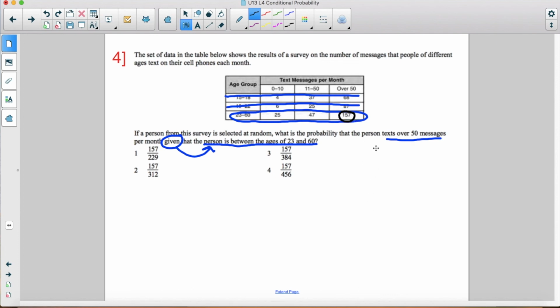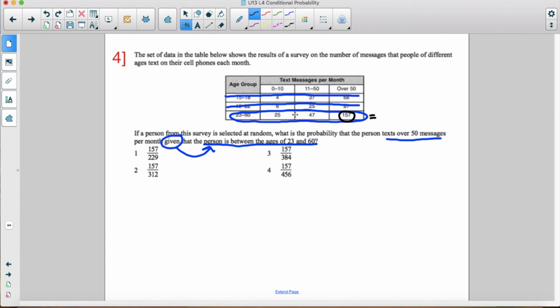There's something different about this problem than the ones we've done before. There is no total column, okay? So to find the total, we're going to actually have to add up some numbers, okay? So why don't we do that first? Let's add up the total of the given.